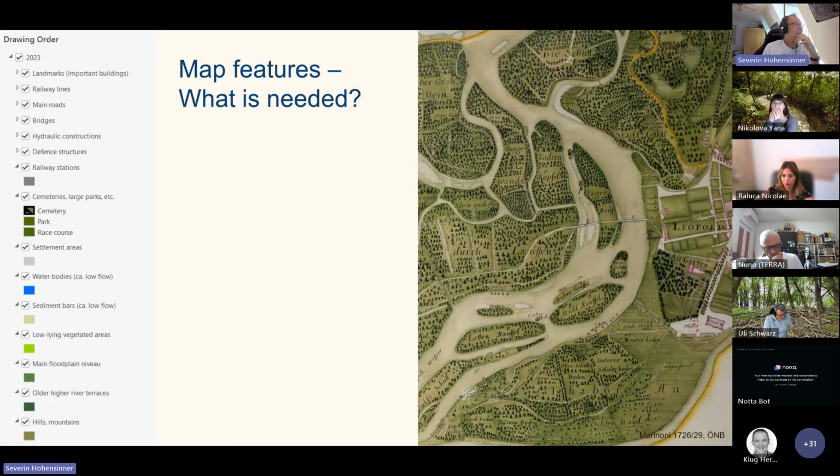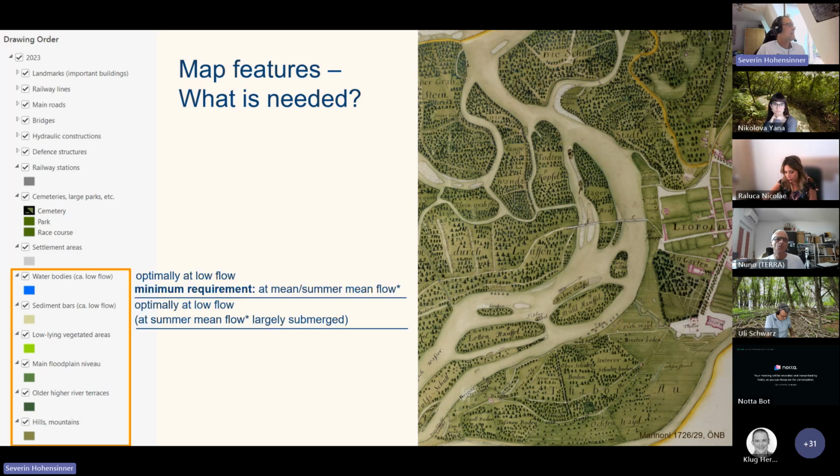Then what is needed for the map features we want to draw, to extract? You see on the left side once more what we have already seen, the layers in the GIS, and you have seen that the landscape features are of most interest for DANSER.